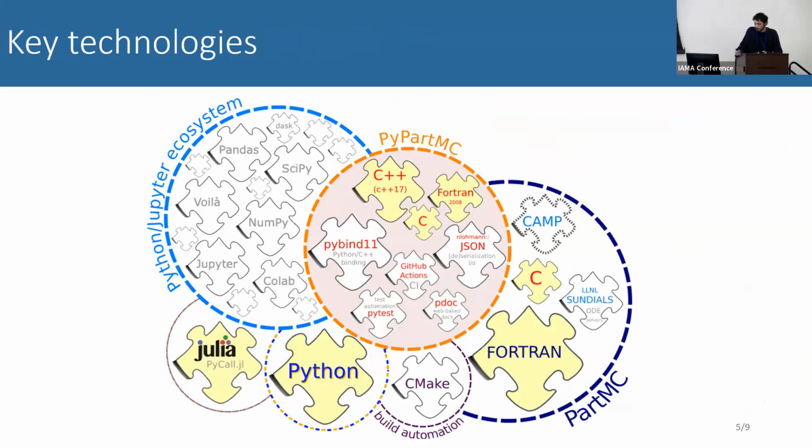CMake provides three-language build automation. And due to Python's interoperability with other programming languages, PyPartMC is usable from Julia and more recently MATLAB.